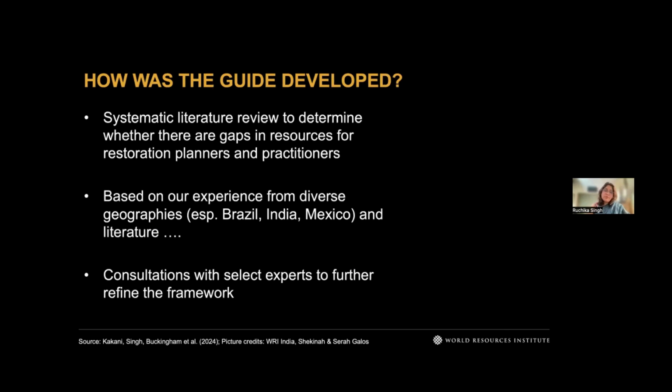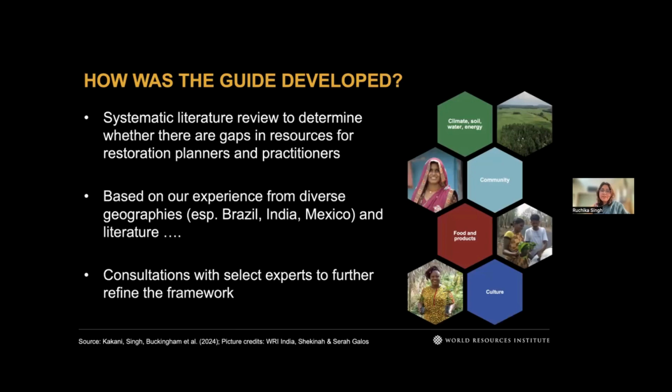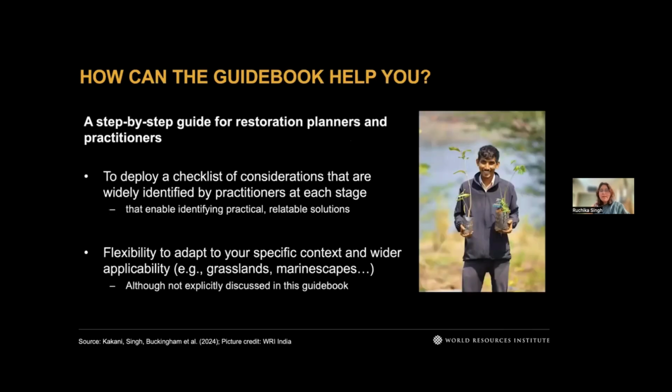We further looked at a very consultative process to see whether the framework needs to be refined further, what changes are needed. Essentially, because restoration can lead to multiple goal themes or benefits around climate, water, biodiversity, culture, but how to do it right becomes critical. And how can the restoration guide help you? Essentially, it is a checklist of considerations.